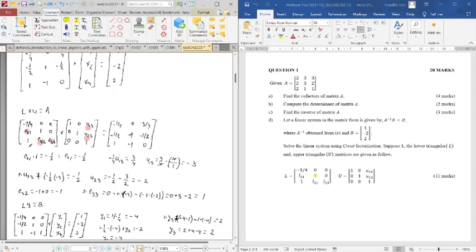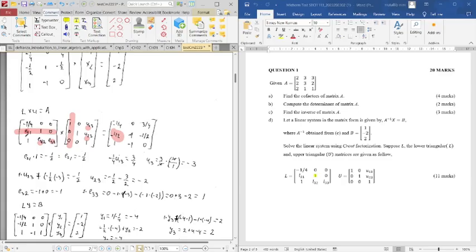It's not that hard to find these variables. So let's say for L21, when we multiply the two matrices, when we multiply this row to this column, we will get this element. So to find this element, we need to multiply this row to this column and take the corresponding element in the matrix.